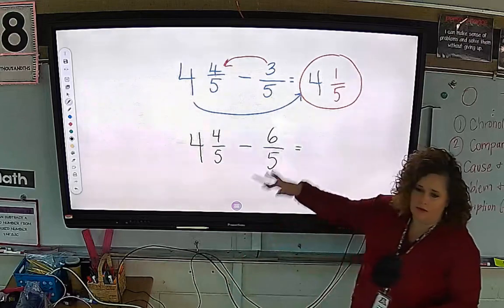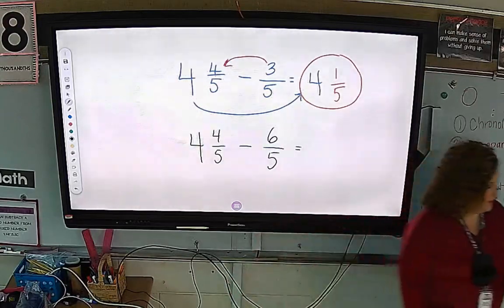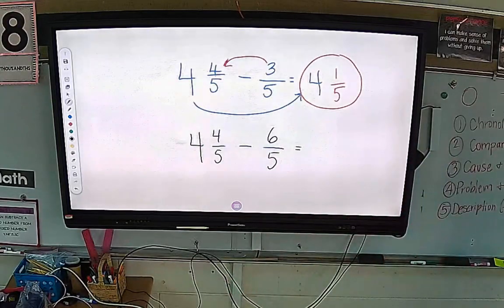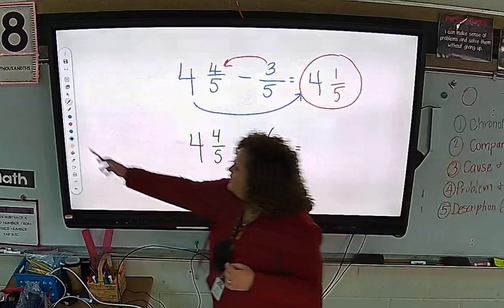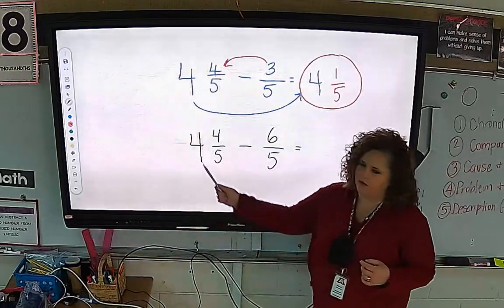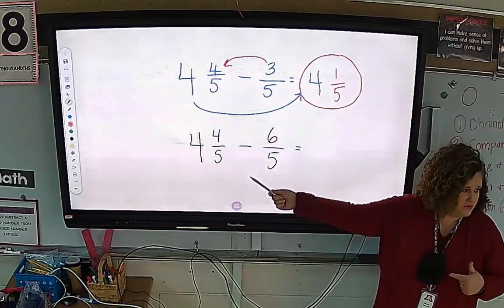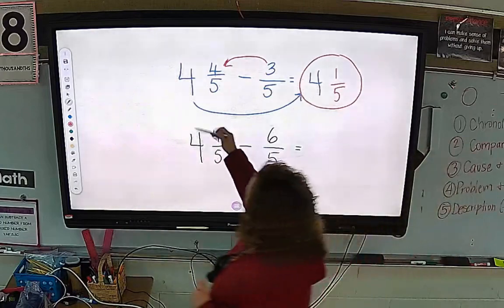Okay, so we saw both types of problems. Reagan, what would you do? You would make the mixed number into an improper fraction. Okay. All right, so we would start off with using MAD and changing this to an improper fraction.